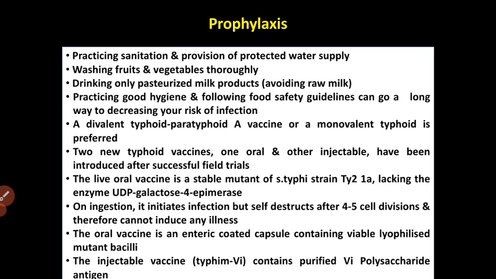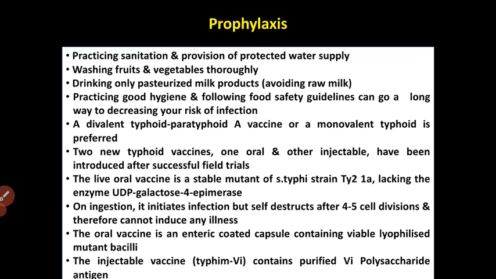Okay, the live oral vaccine is a stable mutant of S. typhi strain lacking the enzyme UDP galactose 4 epimerase. On ingestion, it initiates infection but self-destructs after 4 to 5 cell divisions and therefore cannot induce any illness. Understood what happens? When this oral vaccine is taken, it initiates some infection, but it also self-destructs after some cell divisions.